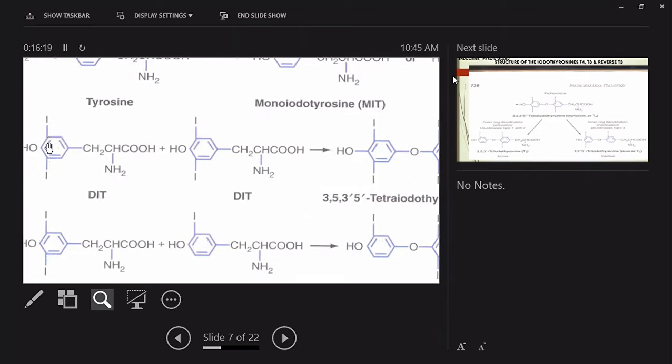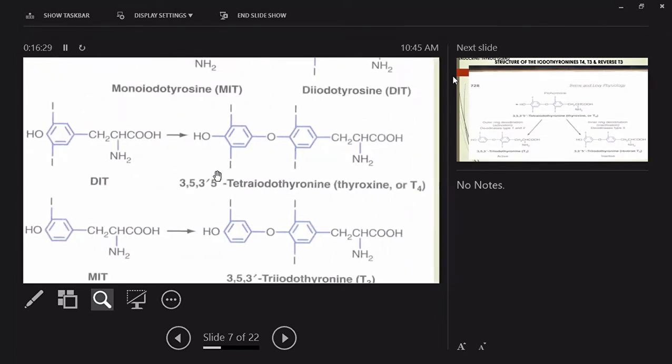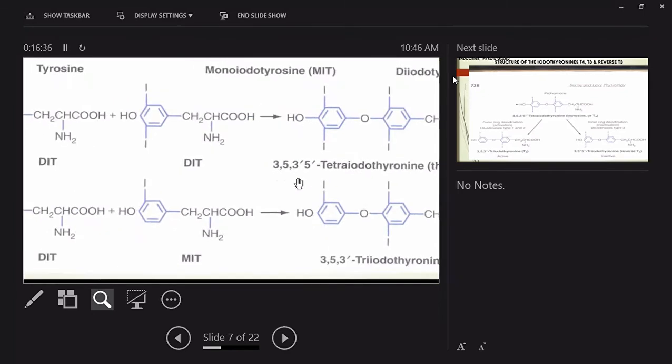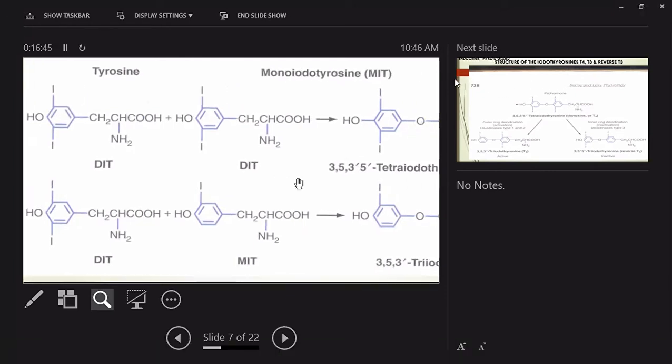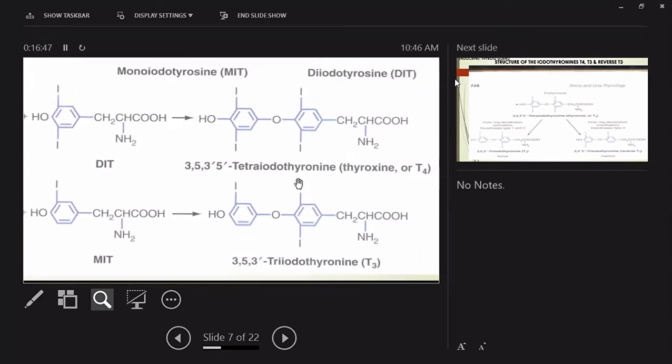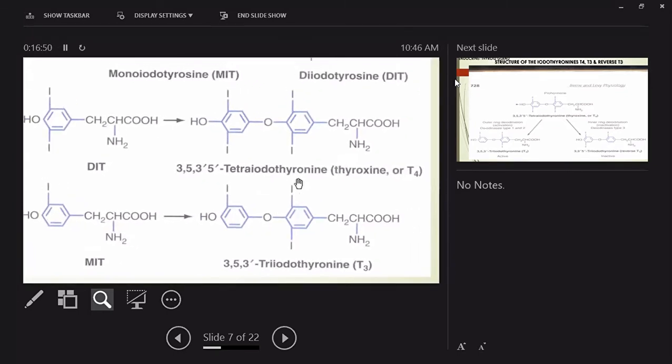So that is your 3, 5, 3 prime, 5 prime, tetraiodothyronine, or your thyroxine, or your T4. And diiodotyrosine plus monoiodotyrosine will form 3, 5, 3 prime triiodothyronine. That is your T3.